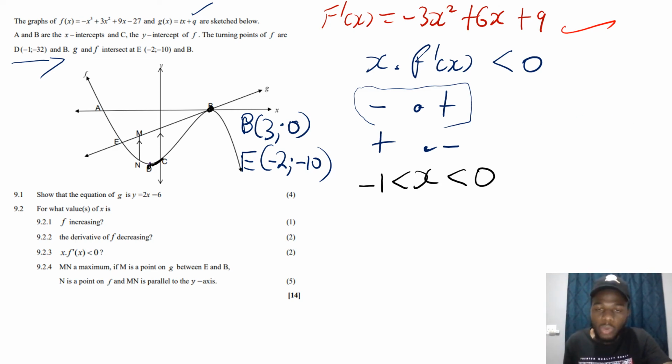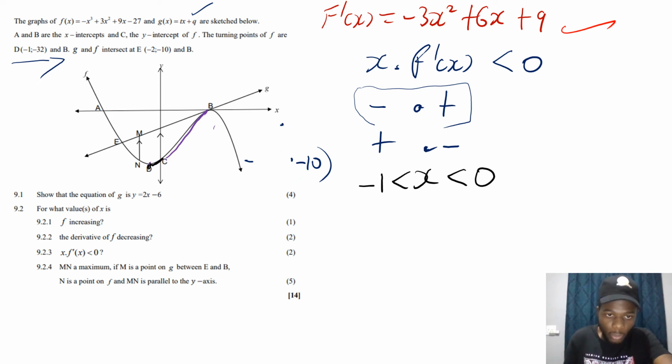So we must also find where the values of x are positive and where the gradient is negative, né? Okay, if you check from here, at this portion, the gradient is positive and the values of x are positive. So we don't want that condition. We want where the values of x are positive and the gradient is negative, né? So we skip that condition.